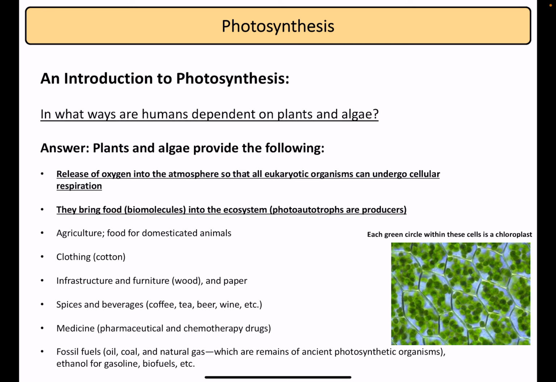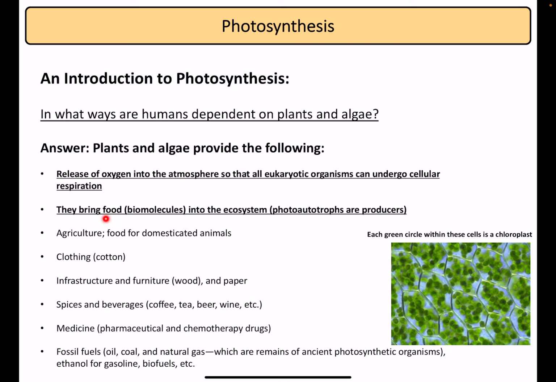First, like I said before, they release oxygen into the atmosphere as they undergo photosynthesis, and we require that same oxygen to break down our food. So if there's no photoautotrophs, there's no animals.